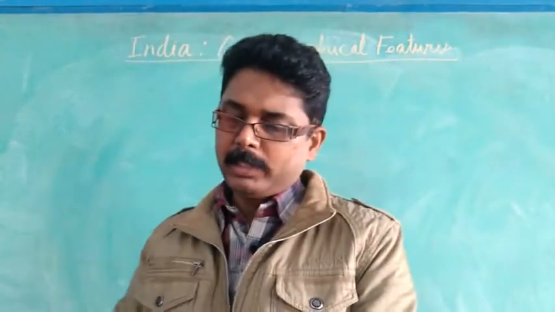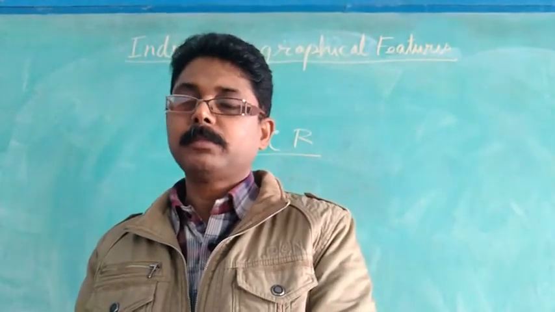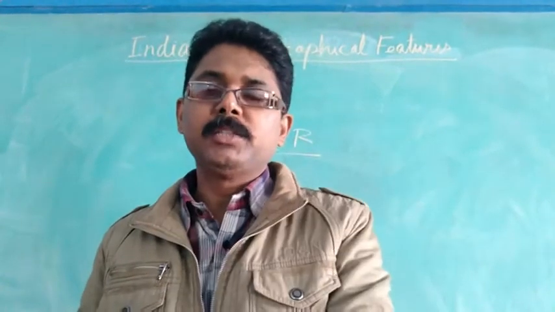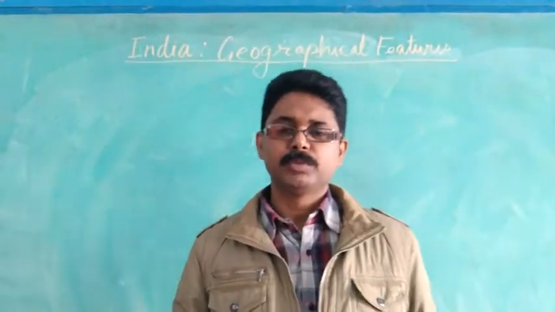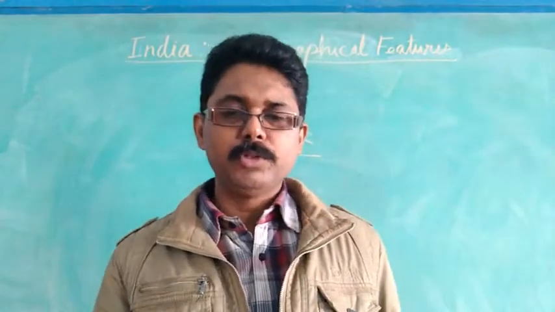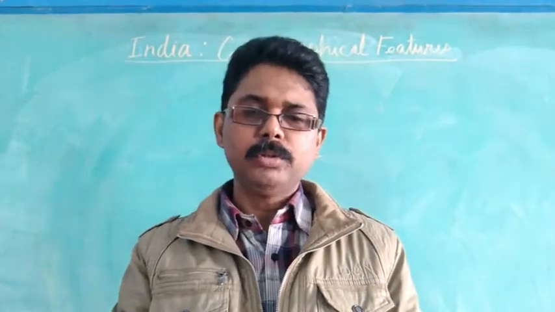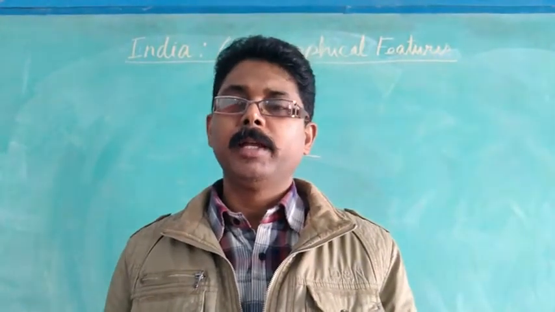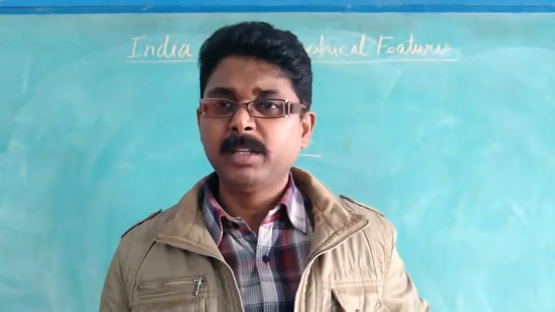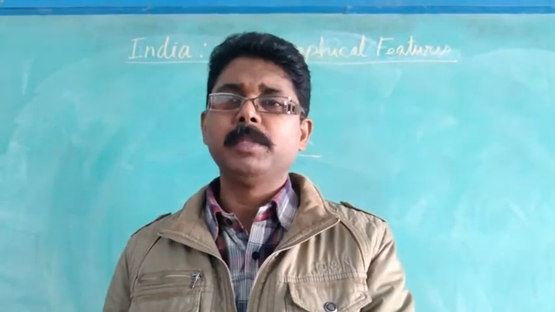Okay, now let's move on. My suggestion is that when you are watching this video, you should open your books and the chapter, and look in the book as the teacher explains the chapter, so it will become easier for you.